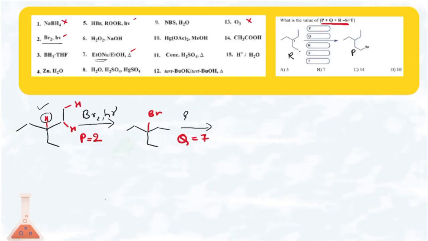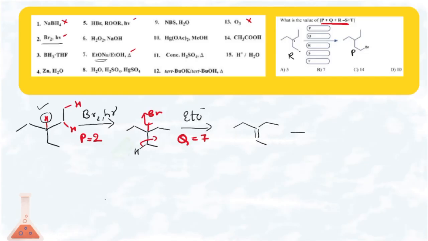What ethoxide does? Ethanol is a solvent, so heating condition. It will remove hydrogen either here or here or here. Doesn't matter because it's a symmetrical molecule. So dehydrohalogenation, and then you're going to get the double bond over here. So we are almost getting closer to the carbon, this carbon.